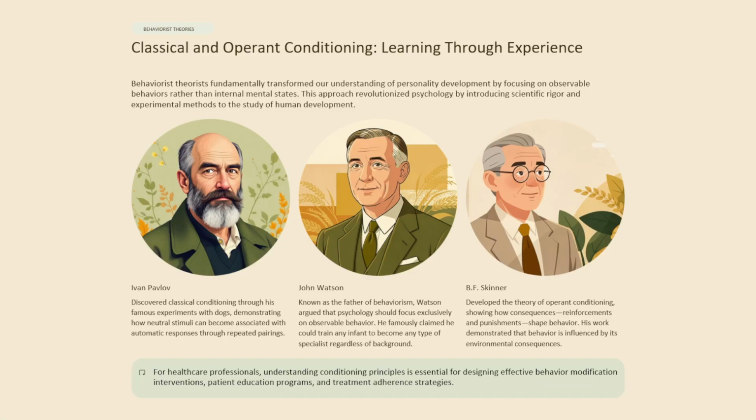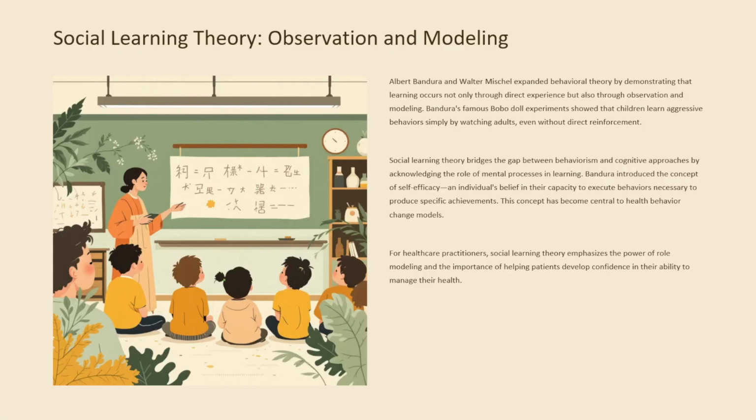Now, let's talk about social learning theory, which bridges behaviorism and cognitive theory. This theory says people can learn by observing others, not just by direct experience. Albert Bandura showed that people, especially children, learn behaviors by watching others.